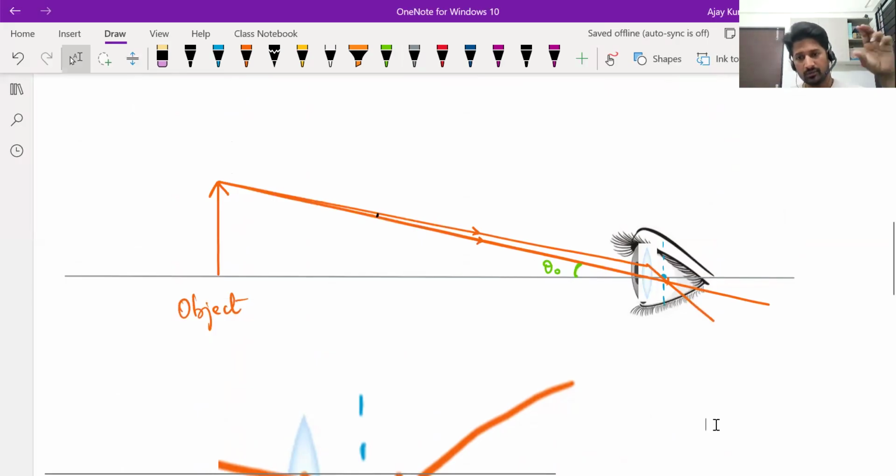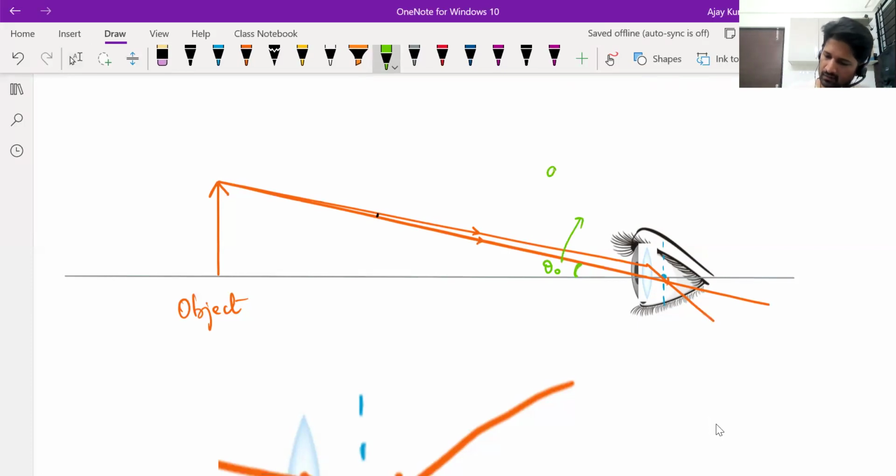So theta naught is the angle subtended when the object is viewed directly.